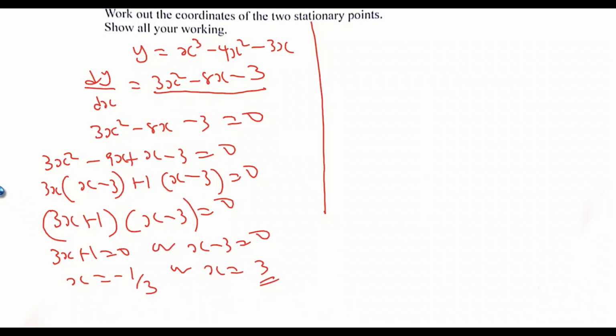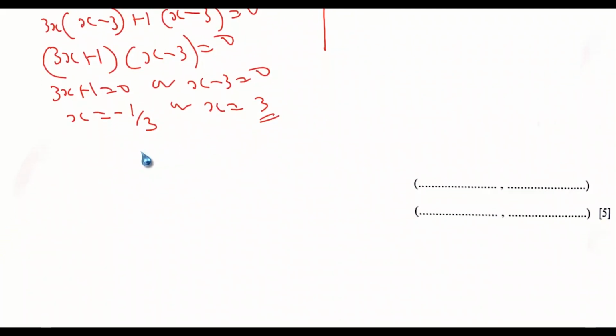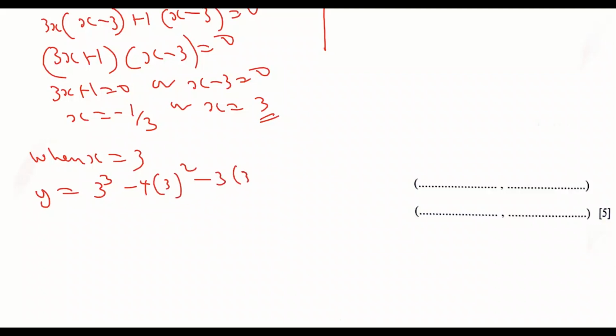Okay, so we need to get the corresponding values of y for these 2 points. Okay, when x equals to 3, so y will be equals to 3 cubed, that is, you substitute into the given equation, minus 4 into 3 squared, then minus 3 into 3.